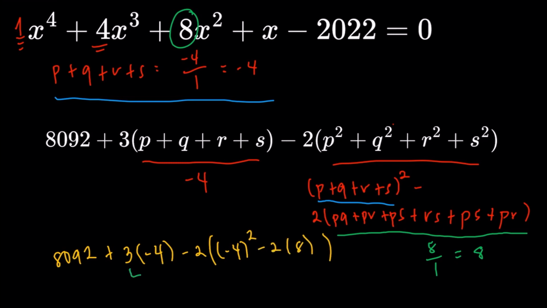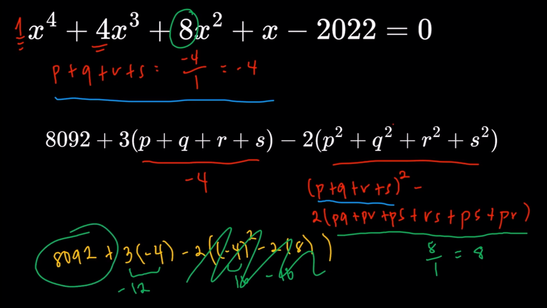So 3 times negative 4 is essentially minus 12. The square of negative 4 is 16, and 2 times 8 is 16. So this term is just going to go away because 16 minus 16 is 0. So essentially, we just have 8092 minus 12, that's going to give us 8080 as our final answer.